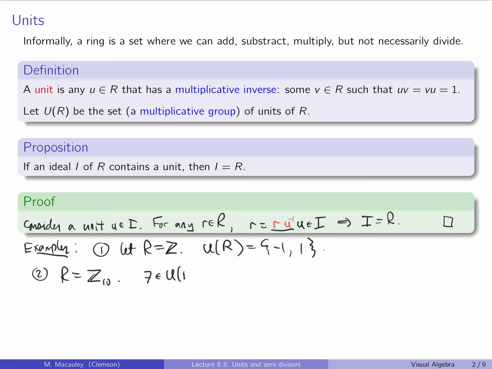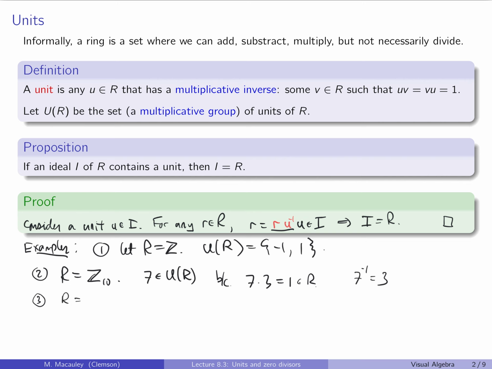So 7, I claim, is a unit because 7 times 3, mod 10, 7 times 3 is 21, which is equal to 1 in R. So we say that the multiplicative inverse of 7 is equal to 3. Do you see the pattern for what elements have multiplicative inverses? Notice how 2 will not, because every multiple of 2 is going to be even. We can never get 1.